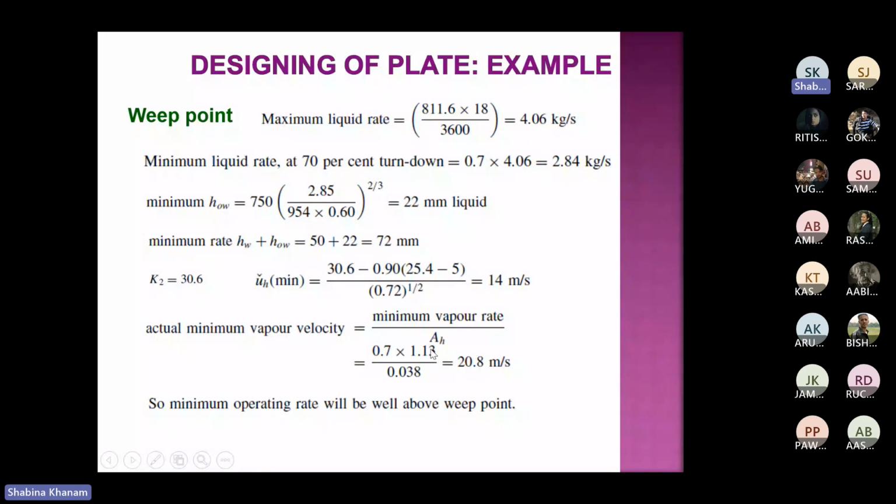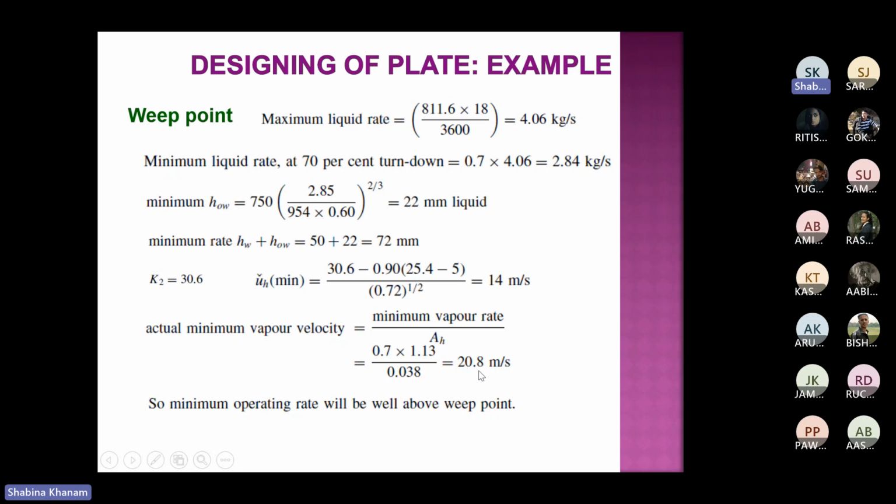AH you can consider now as 8%, 9%, whatever, but if you are changing this, you need to reiterate from the diameter calculation, because K1 will depend on this hole to active area percentage, right? So better is to vary this.